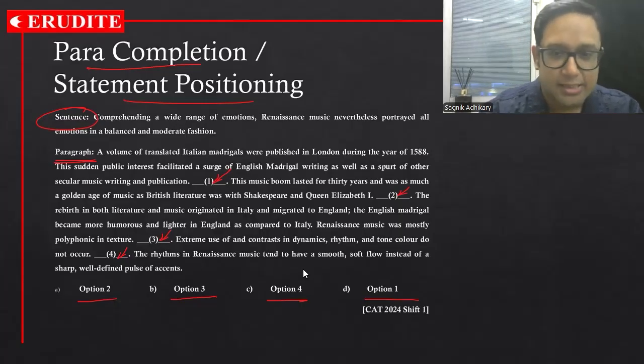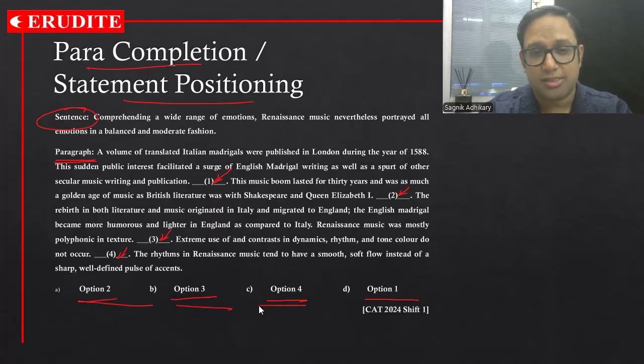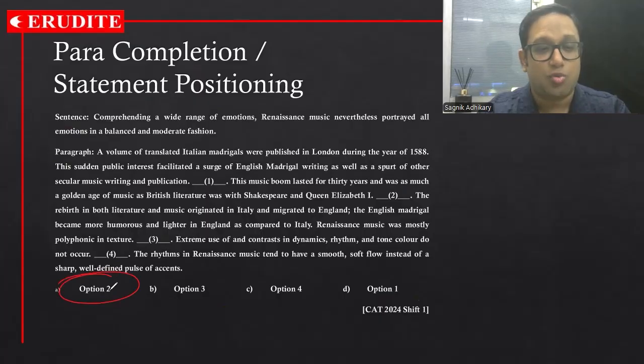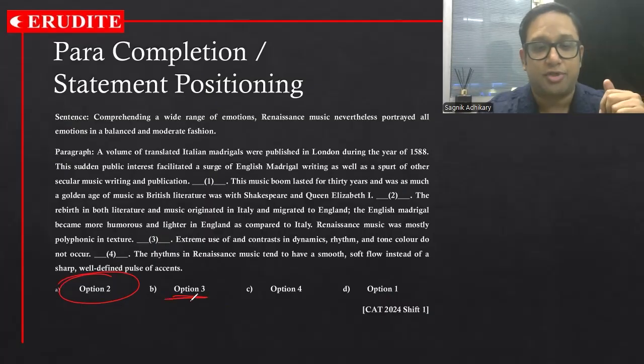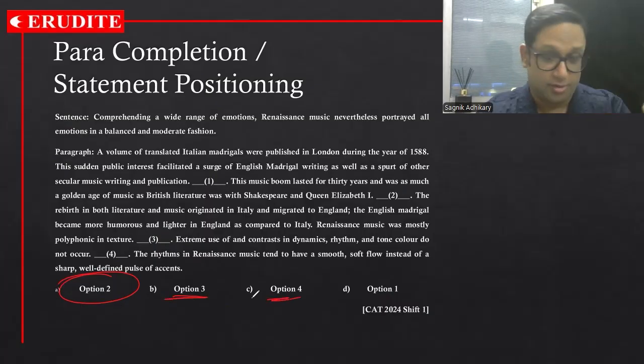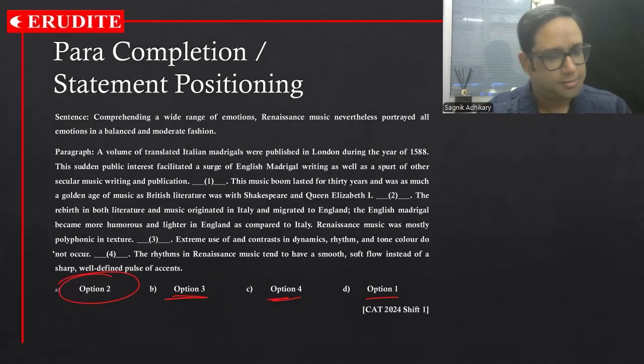In any case, let's look at the question here. We have three questions to discuss. This is the first one. Take note that we have these options jumbled up. What I mean to say here is that in option A, we have blank 2 referred to as option 2. We have 3 in B, 4 in C, 1 in D. So these are jumbled up.